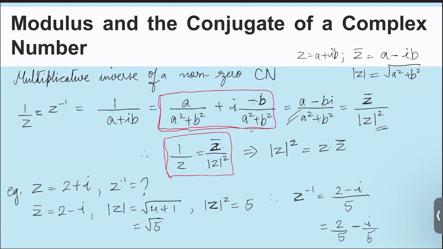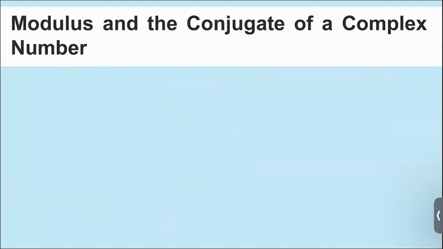Over here, since you would have to solve the entire thing to get to the answer, this is easier, because getting the conjugate of a complex number is easy, as well as getting the mod of z. So you can directly use this relation for finding the multiplicative inverse. Okay, so let's see another example.